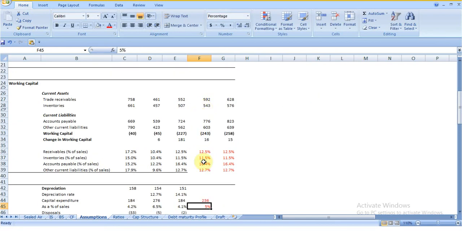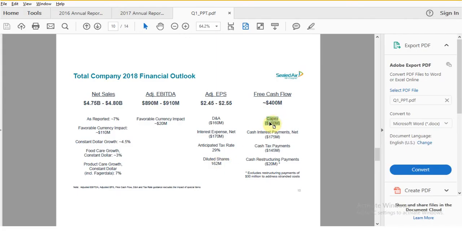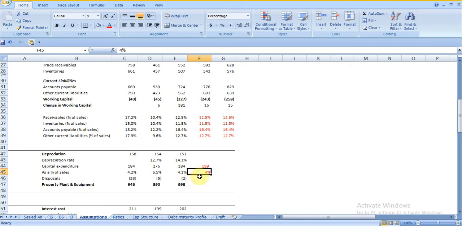If I change it to 4%, it is still not coming near to 160. So 160 should be 3.5%, I guess. Yes. So almost 3.5% is near to 160. So we can assume that 3.5% is the capital expenditure the company is expected to do in 2018 and 2019.